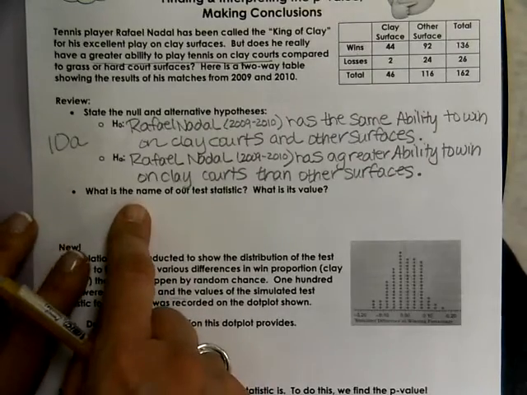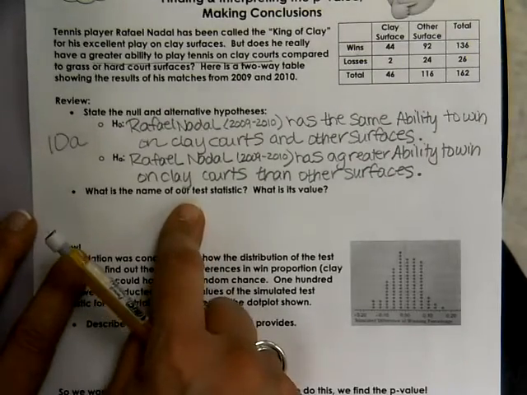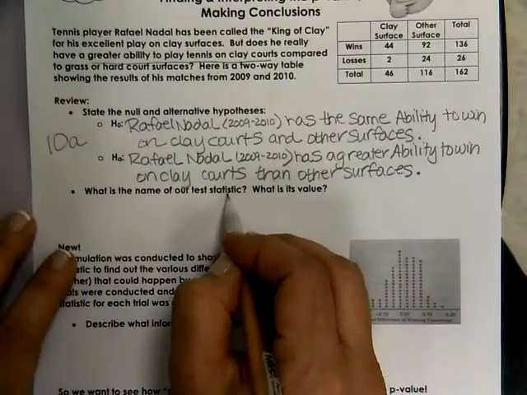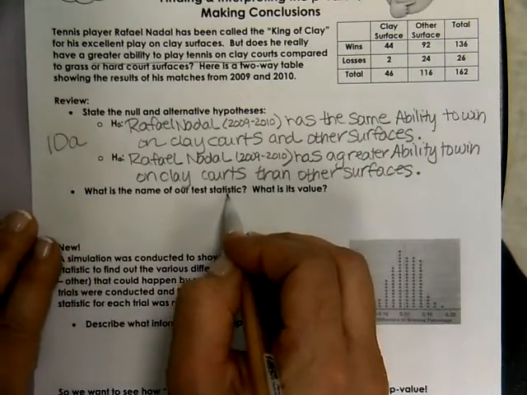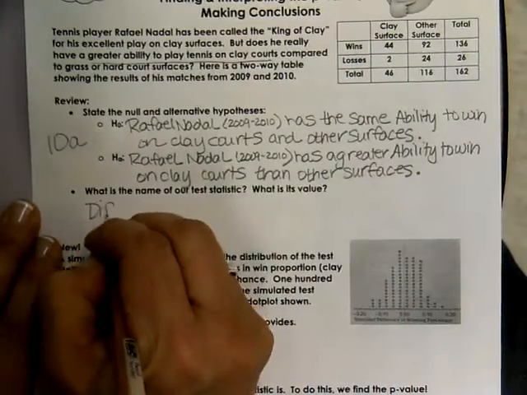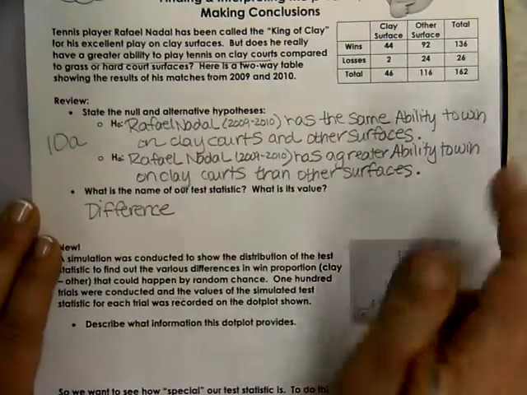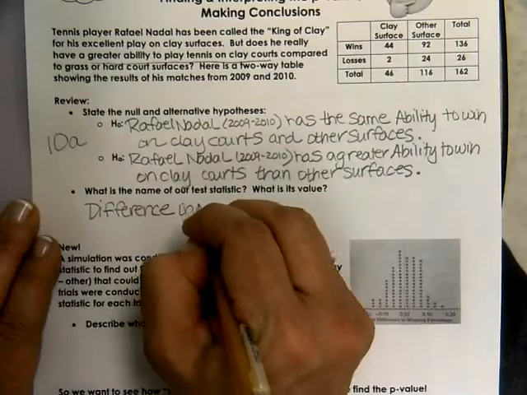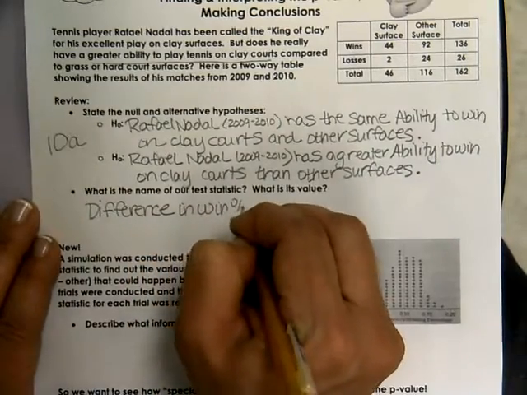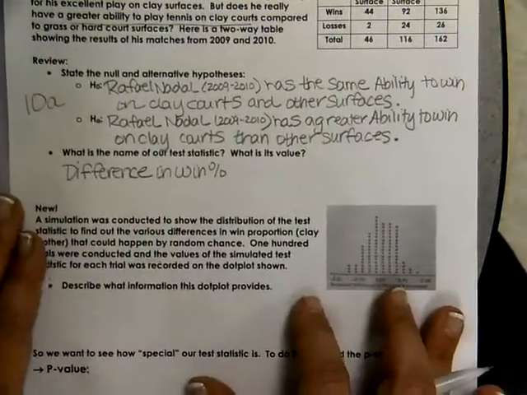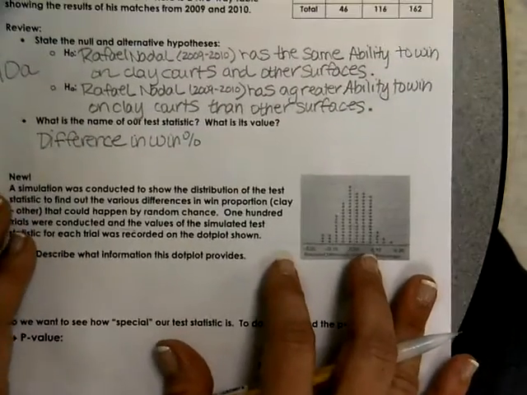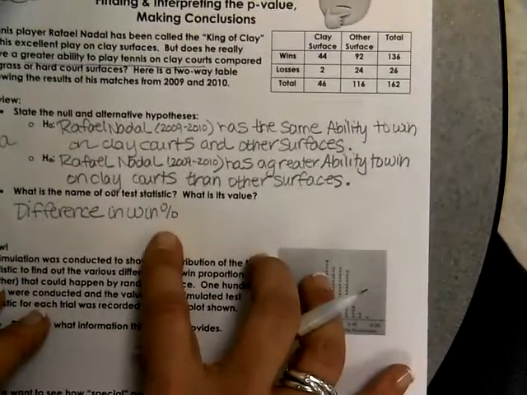The other thing we discussed is the test statistic. The test statistic that we focus on in chapter 2 is called the difference in percentage. This problem particularly is going to be the difference in win percentage. And when we talk about that, we should tell what context we're dealing with.